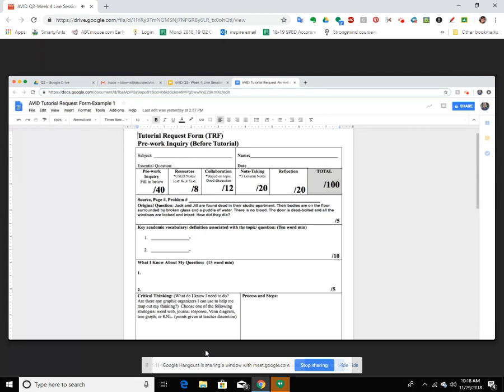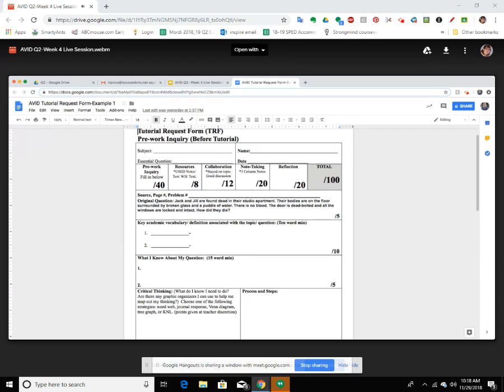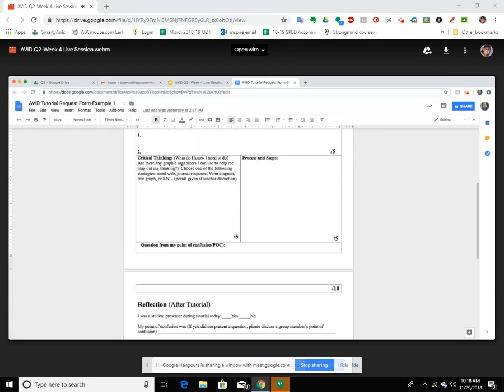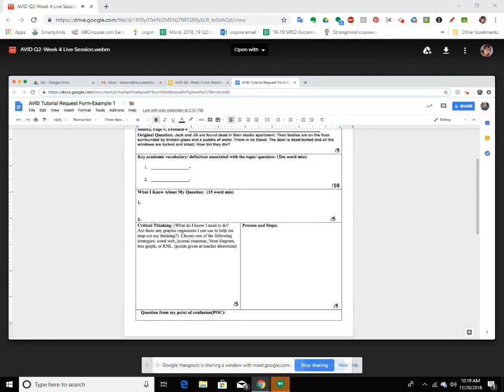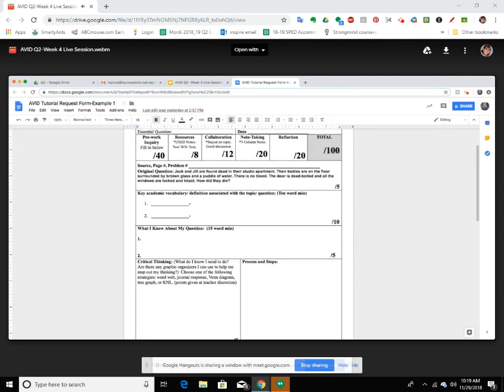There is no blood. The door is deadbolted and all the windows are locked and intact. How did they die? So that is the original question. Whoever our presenter is coming in together, the rest of us are going to work to help fill this out and come all the way up to our point of confusion. So where we get confused in trying to figure out what happened in this Law and Order, criminal justice type of case.